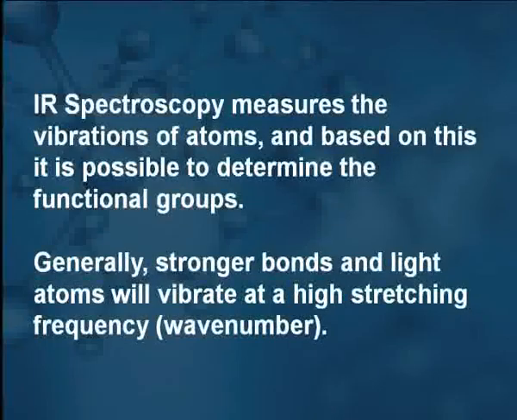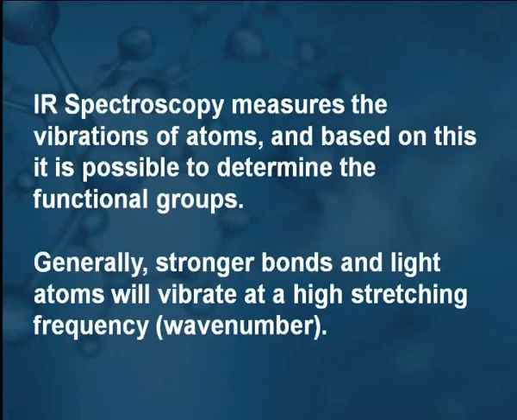A fundamental measurement obtained in infrared spectroscopy is an infrared spectrum, which is a plot of measured infrared intensity versus the wavelength or the frequency of the light. The spectrum which we are getting is the plot between the infrared intensity and the frequency of the light. And IR spectroscopy measures the vibration of the atoms.